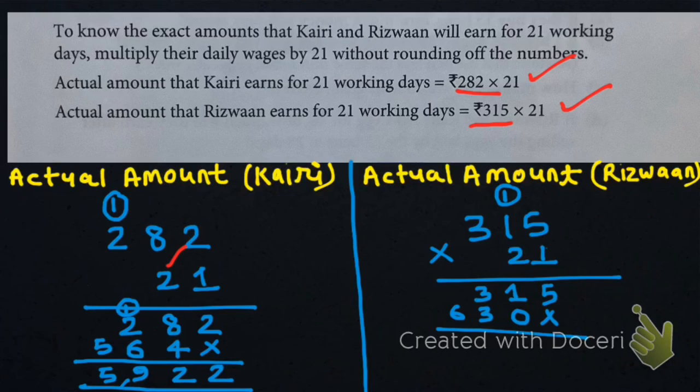Now we have to add these numbers. So this will give us 6615. This is our answer, students, 6615.